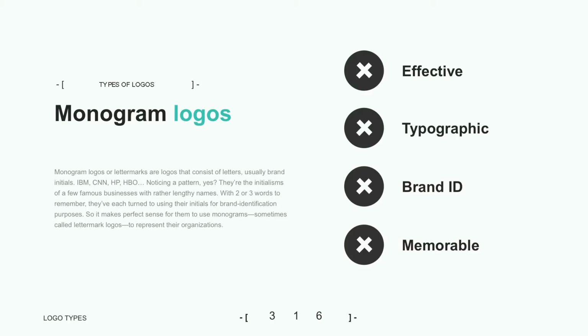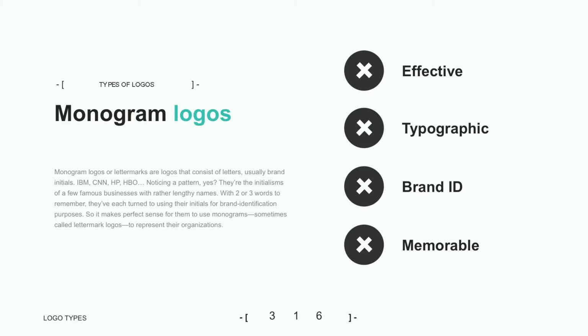So it makes perfect sense for them to use monograms, sometimes called letter mark logos, to represent their organizations. Now, because the focus is on initials, the font you choose or create is very important, because this can make or break your logo. It's not only a matter of fitting the theme of what the company does, but it should also be legible.